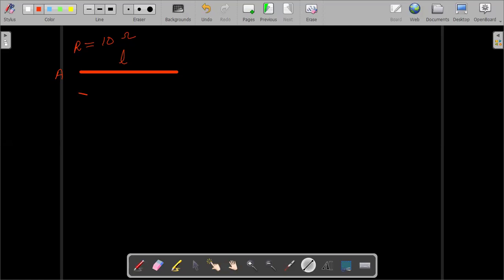So when it is stretched to double its length, do you think its area will remain the same or will it change? Its area will change. So by how much will its area change? And how do we find out the change in area then? Let its new area be A dash. So how can we find out the area?